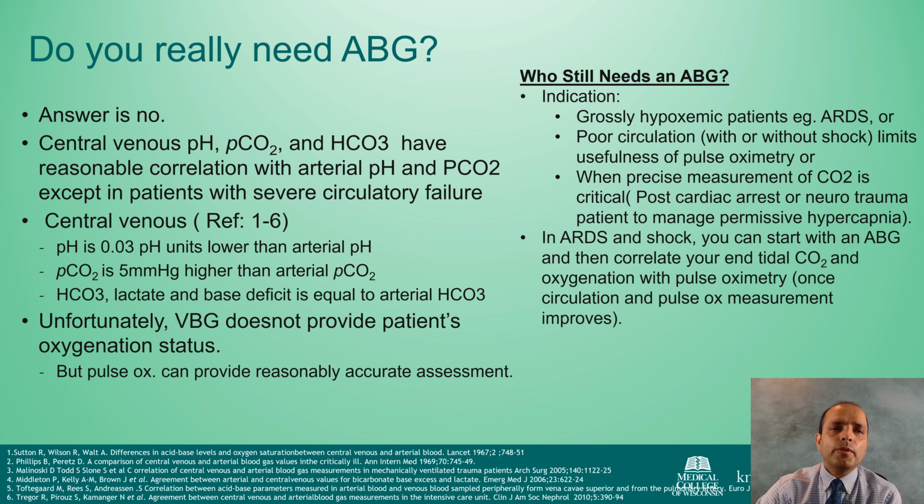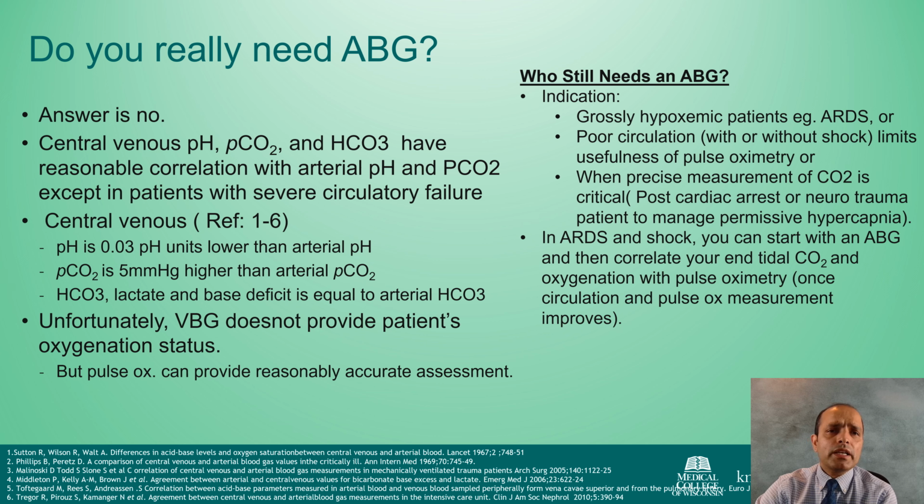So if you compare venous blood to arterial blood, the pH is 0.03 lower than the artery, and the PCO2 is 5 to 6 millimeters of mercury higher than arterial. And bicarbonate, lactate, and base deficit, these three numbers are almost equal to arterial.